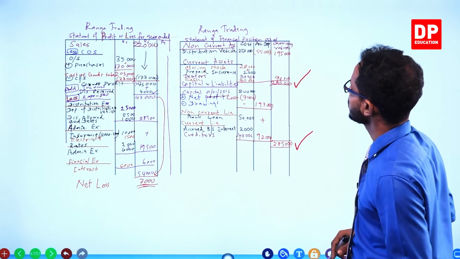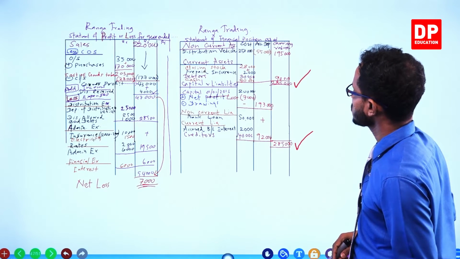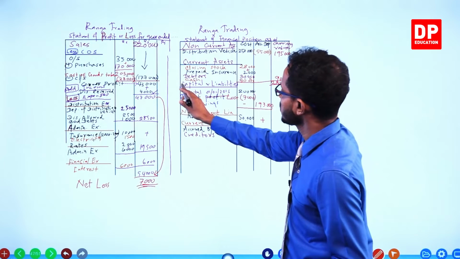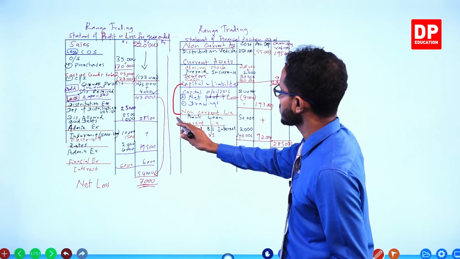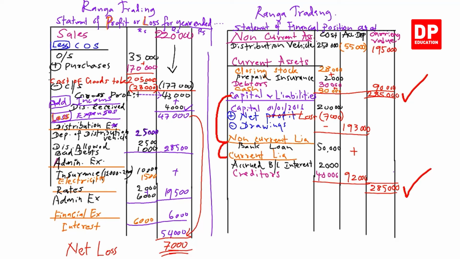Total assets equals capital plus liabilities. This figure should be tallying with this figure. This is the total assets, and this is capital plus liabilities.